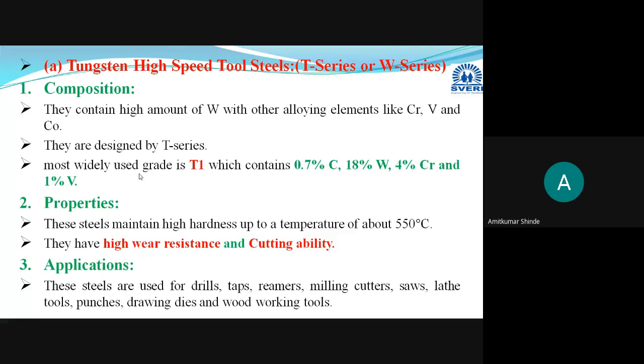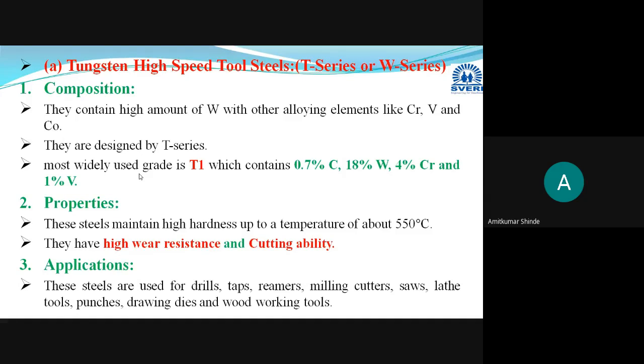Okay. Now we will discuss one by one tungsten high speed tool steel. In the composition you can write like this. These are high carbon steels with very high amount of tungsten and other alloying elements like chromium, vanadium, and cobalt will be there. Okay. Now these are designated by T series. Now here for writing the composition, I have taken one example from the T series.